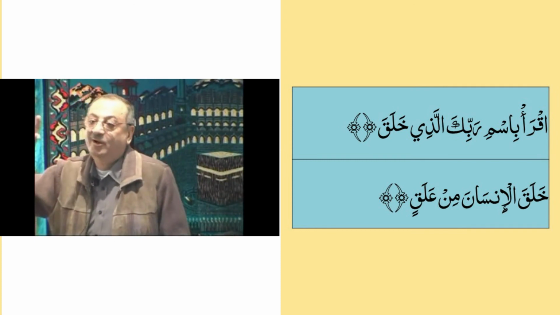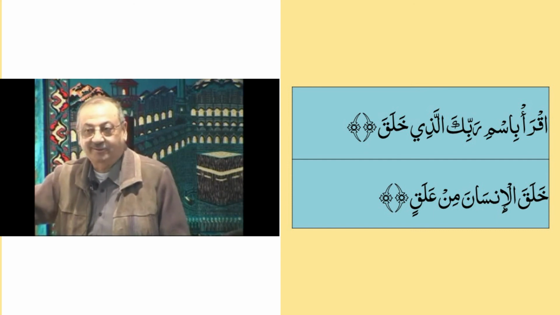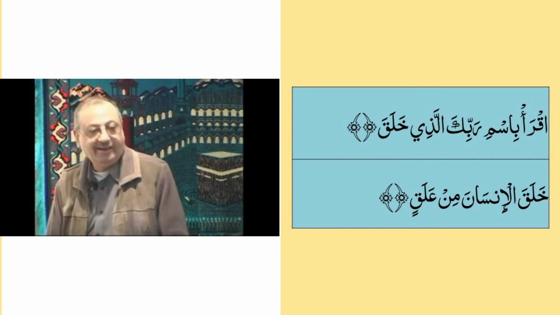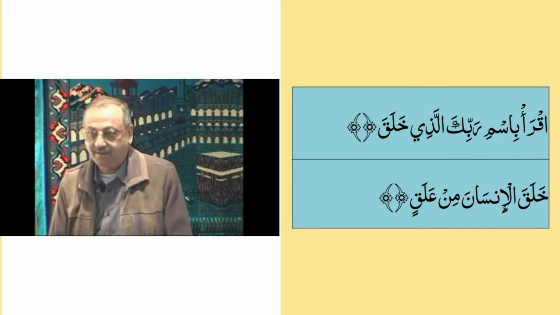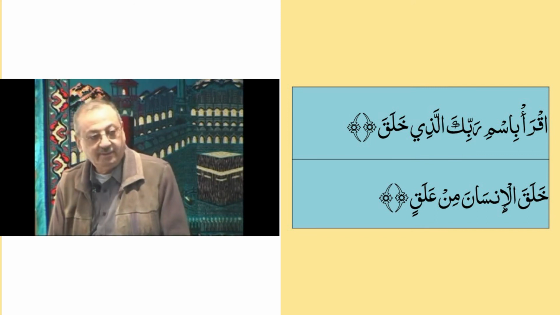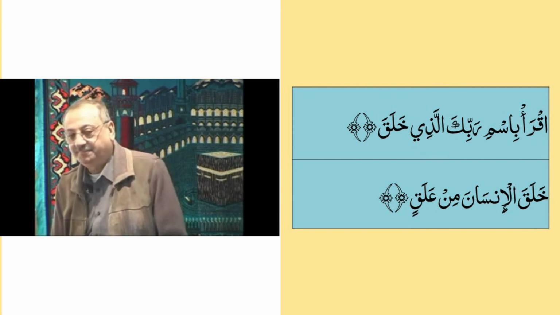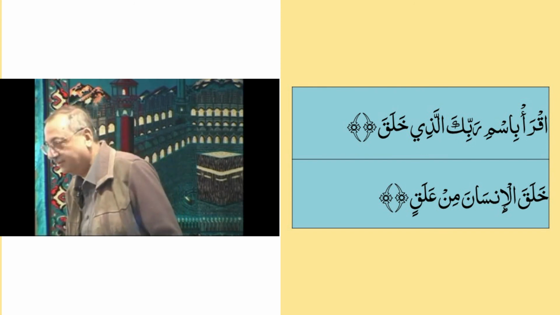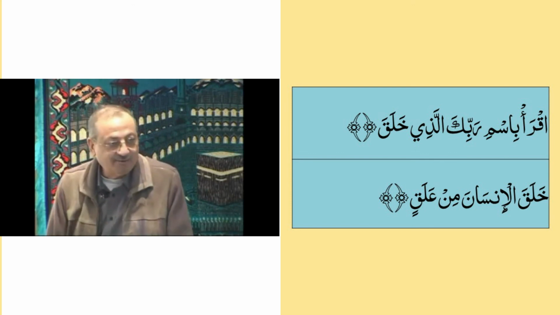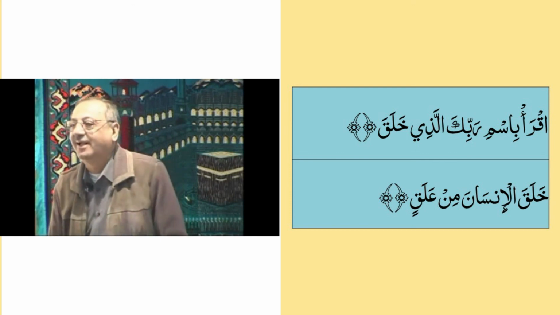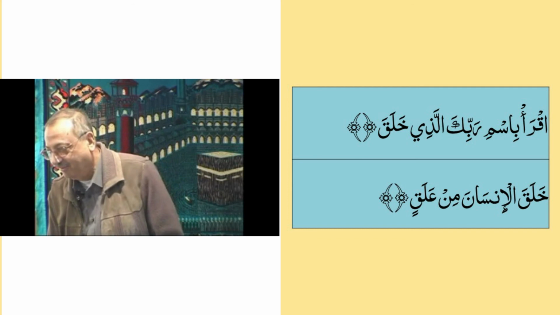In Bismillahir Rahmanir Rahim, you don't write Hamzatul Wasal, but here it is written, Ismi. Ismun became Ismi. Bismi: B harf jar. Ismi, ism majrur, and it is mudaf. Rabbi, mudaf ilayhi, and it is mudaf. And ka, mudaf ilayhi. Are you with me?